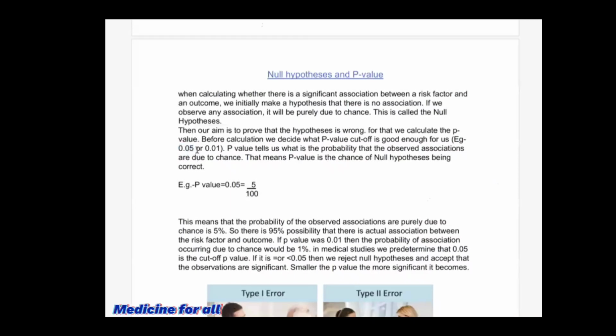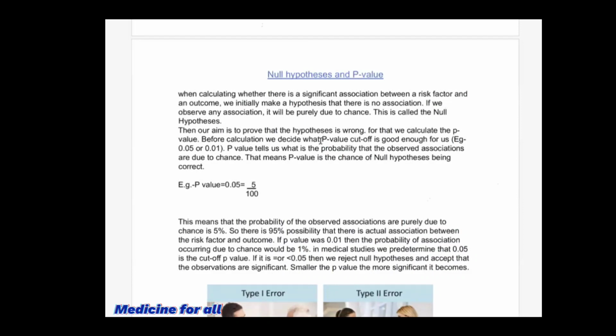So what does this 0.05 or 5% mean? It is the probability that the observed association, the connection that we saw between the risk factor and the outcome, was due to chance. We thought initially that there is no association, no connection between the risk factor and the outcome. Then we calculate the p-value and find a certain value.